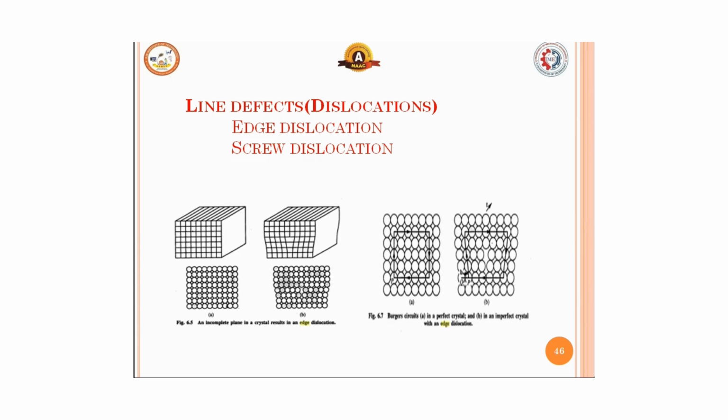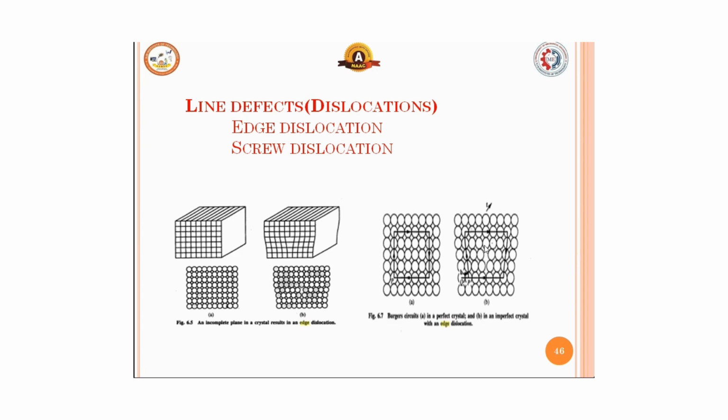Here you can see there is a cubic structure, and the atoms will be the same. If there is no atom in the arrangement of the crystal at the center, then you are going to have an edge dislocation. So here edge dislocation happens. If it is taken into Burgers vector, you can see a perfect crystal where there is no dislocation of atoms, but in an imperfect crystal there will be an edge dislocation.